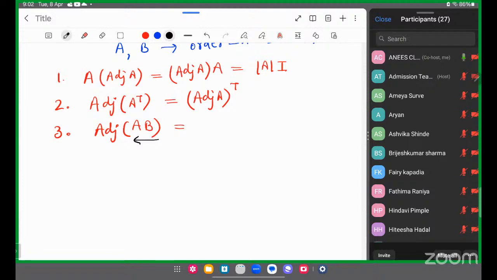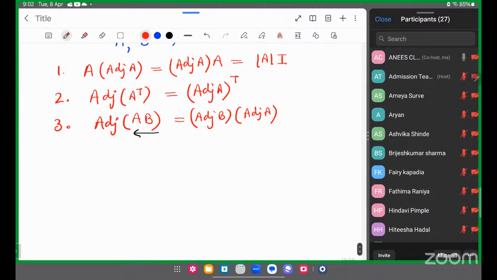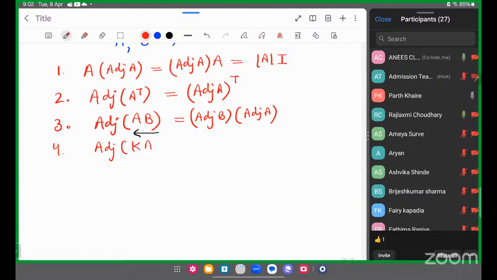So if A is first and B is last, then adjoint AB will be adjoint B times adjoint A. Are you getting the third property? Yes or no? Yes, sir.